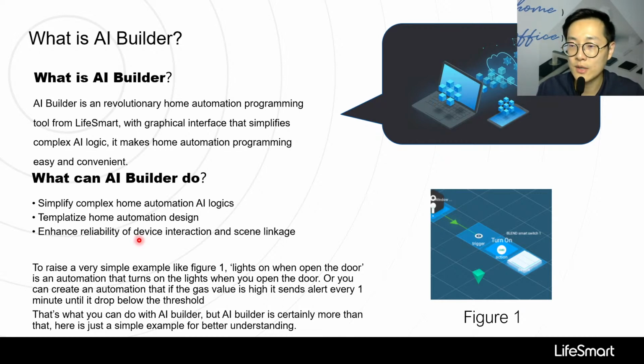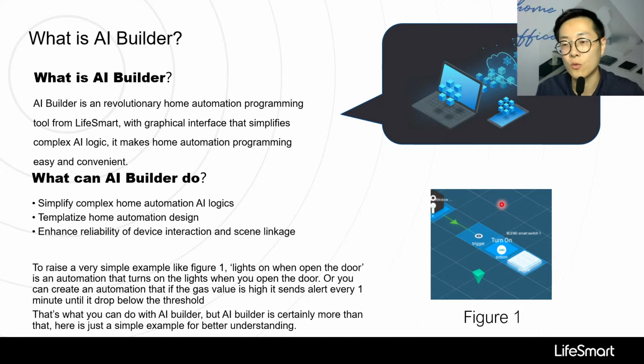To raise a very simple example, like figure 1 here, lights on when open the door. It's a very simple home automation. So it turns on the light when you open the door. Or you can create an automation that if the gas value is high, it sends an alert every 1 minute until it drops below the threshold.